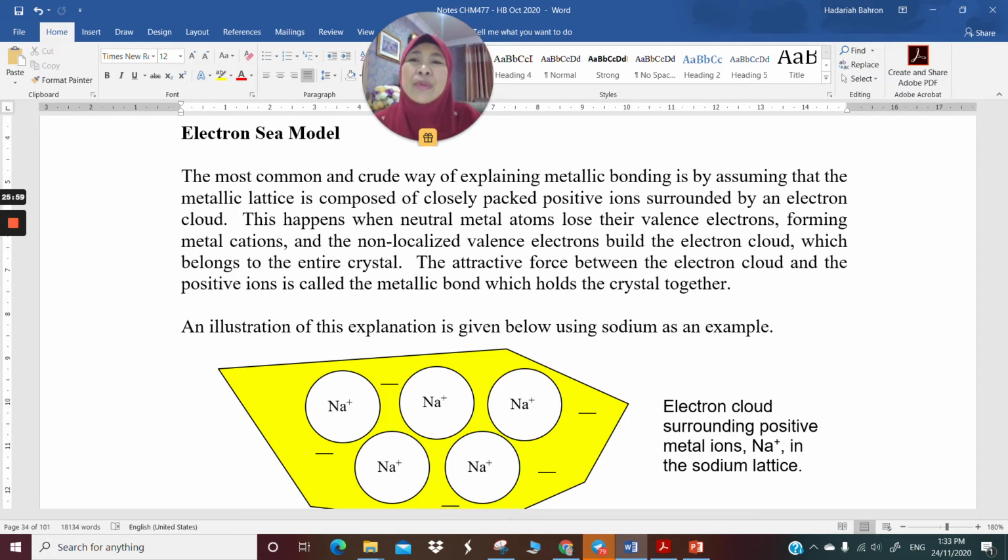The first model would be the electron sea model, which is the most common and the crude way of explaining metallic bonding, by assuming that the metallic lattice is composed of closely packed positive ions surrounded by an electron cloud.